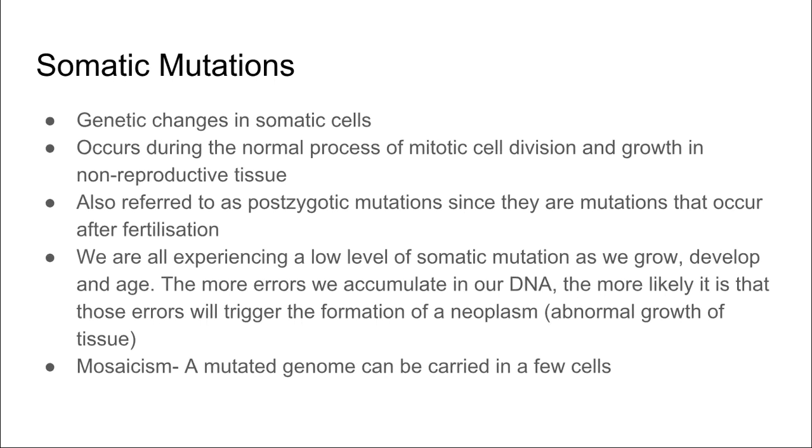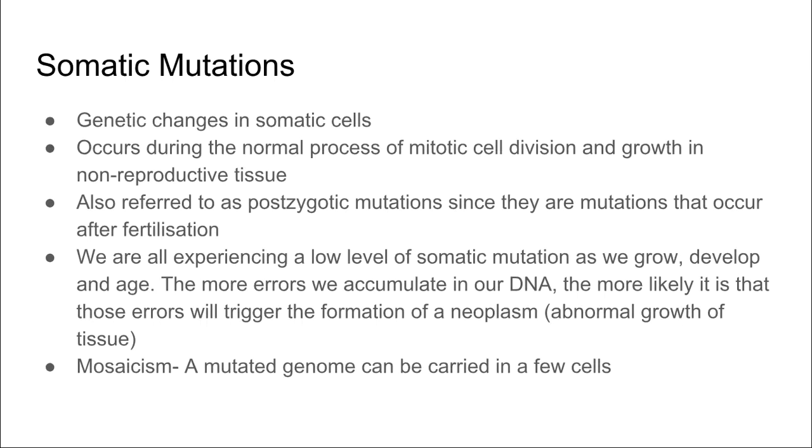In our last two slides, we're just going to compare somatic and gametic mutations. Somatic mutations occur in somatic cells, which we know as body cells, and these usually occur during mitosis, the way in which these cells grow, divide and replicate. Since they are postzygotic, they occur after fertilization.